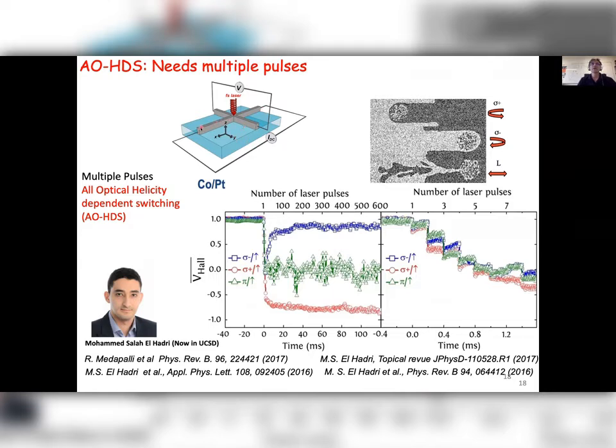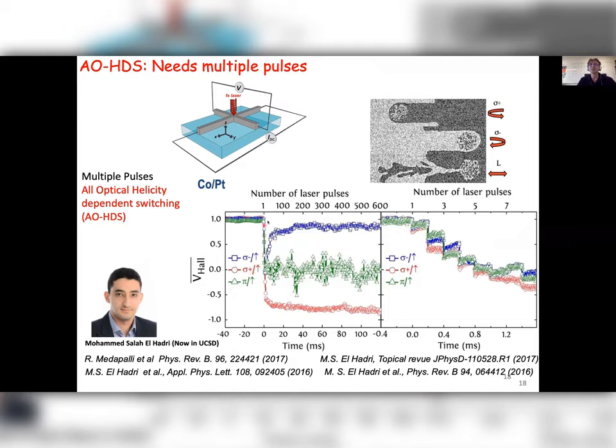So we created a Hall cross where we could measure the voltage while sending some current. By measuring the Hall resistance or the Hall voltage, if it's 1, this means magnetization is up, let's say. If it's minus 1, magnetization is down. We clearly could observe that sending a lot of pulses, at the end, you go to one direction or the other direction, depending on the helicity.